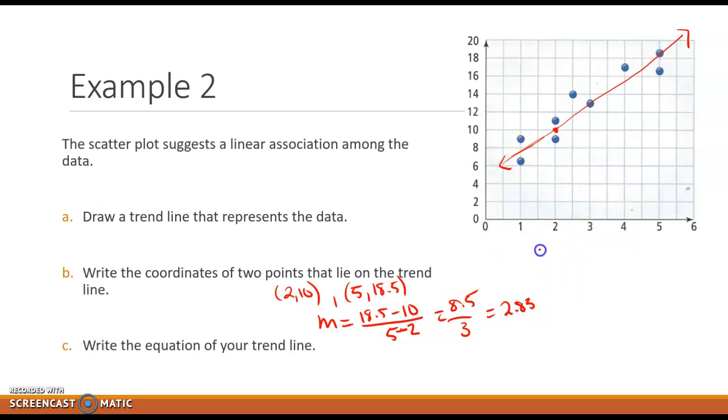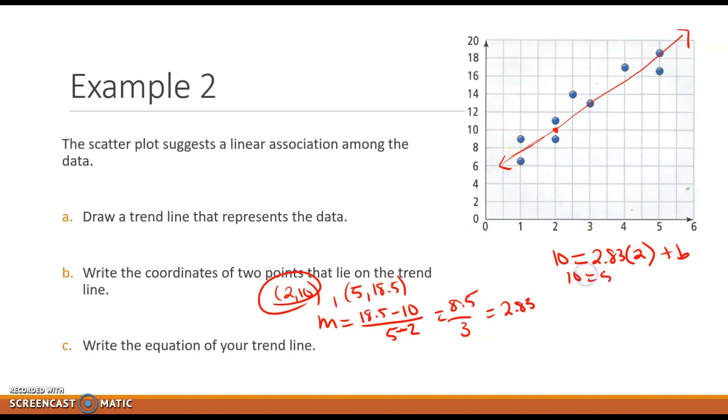So I have my slope, I need my b. So I'm going to pick one of these points. I'm going to go with the (2, 10). And so I'm going to do y is 10 equals my slope, which is 2.83, times my x, which is 2, plus b. So 2.83 times 2 is 5.66.